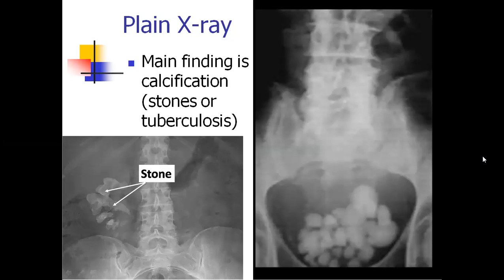Plain X-ray main findings are calcifications, radiopaque structures, which may be detected with plain X-ray study, very dense, as dense as bones. Mainly calcification may be found as a symptom of renal stones or tuberculosis.